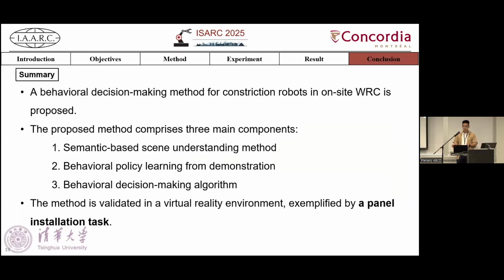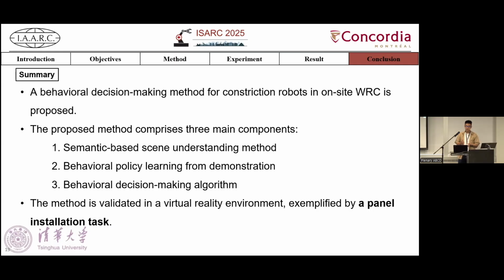So let's do a brief summary. Our main purpose is to develop a behavior decision-making method for construction robots in on-site worker and robot collaboration, and it contains 3 main components. The first is a semantic-based scene understanding method that allows the robot to understand its collaboration state based on its own observation.